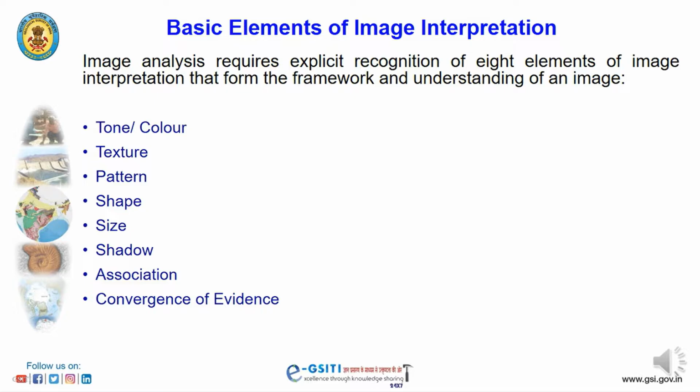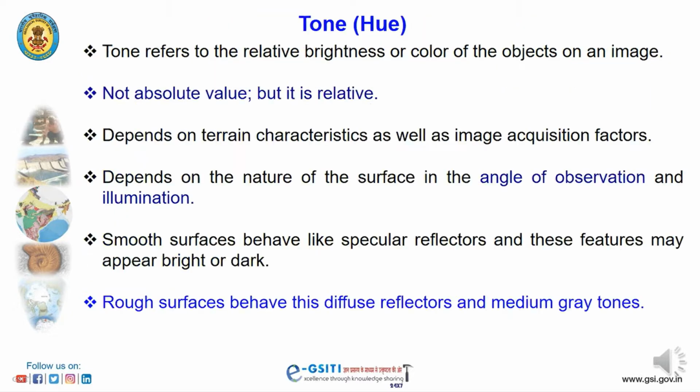In order to make our interpretation easier, there are certain elements of visual image interpretation techniques we use. These are tone or color, texture, pattern, shape, size, shadow, association, and convergence of various evidences which we are having with us. What is tone or hue or color? Tone refers to the relative brightness or color of the object on a particular image.